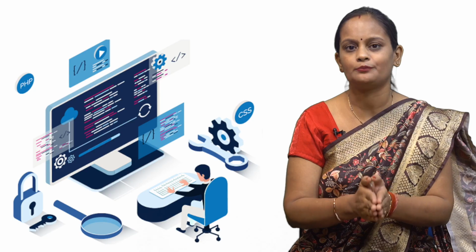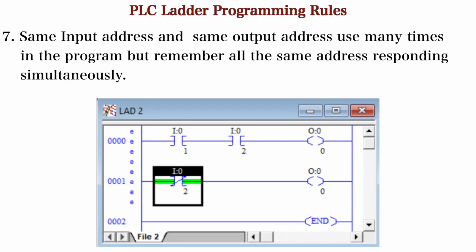Like you see in the diagram, in the first rung we have I0:1, the first switch, I0:2, the second switch, okay, and in the second rung we have connected an input switch with the same address as in rung 1, I0:2. So like you can see, it is energized.